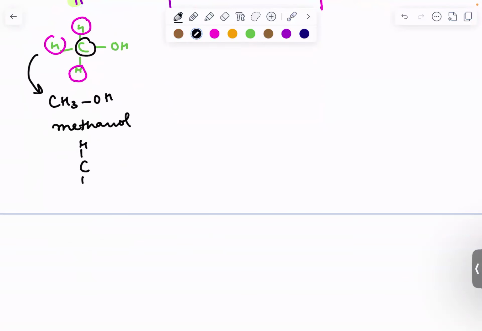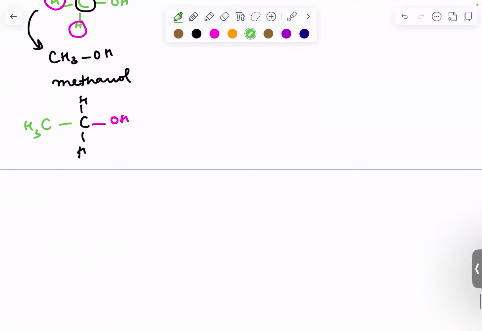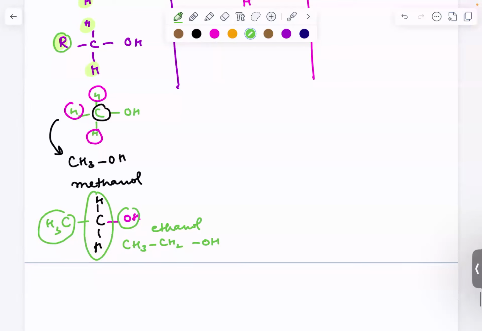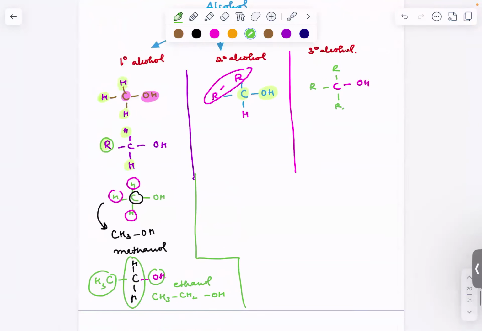So this is the functional group OH, and now CH3, CH2, OH. I can write it CH3CH2OH. What would be the name of it, Zaina? Ethanol, yes. So this is also an example of primary alcohol. I hope it's clear.